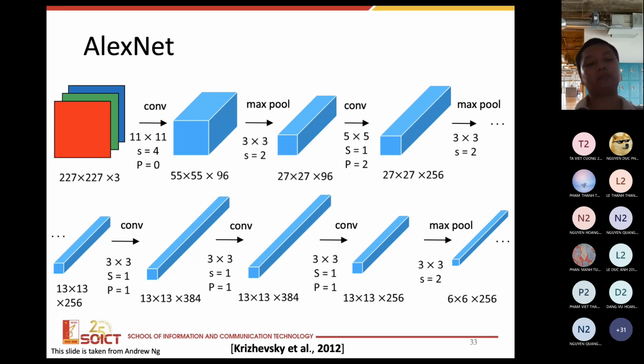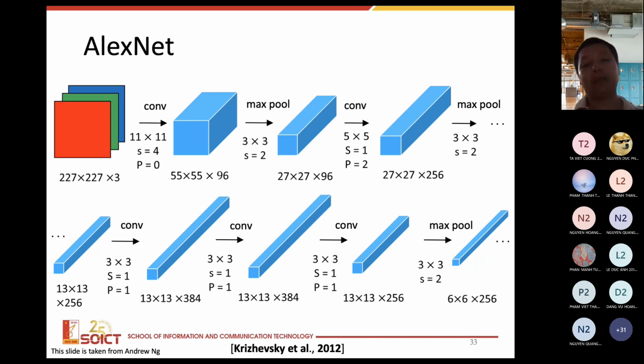For AlexNet, the input is fed into the first convolution layer with the size of 11 by 11, stride equal to 4, and padding equal to 0. So the output is 55 by 55, and you have 96 channels, right?